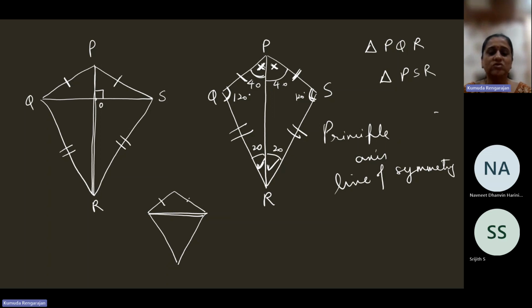Why? Because these two sides are equal, and these two sides are equal. This is the shorter diagonal. This is one isosceles triangle, and this is one isosceles triangle. These two isosceles triangles are not identical. One is small, the other is big. They have different shapes, but both are isosceles triangles.